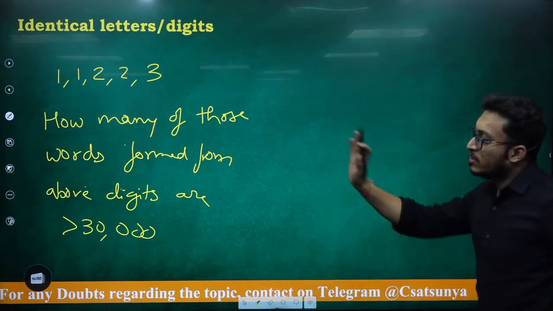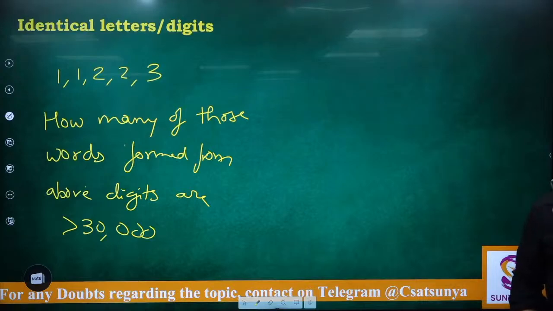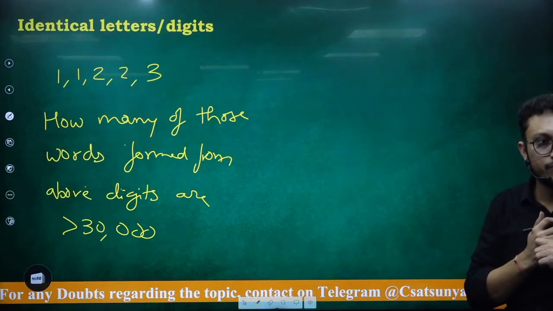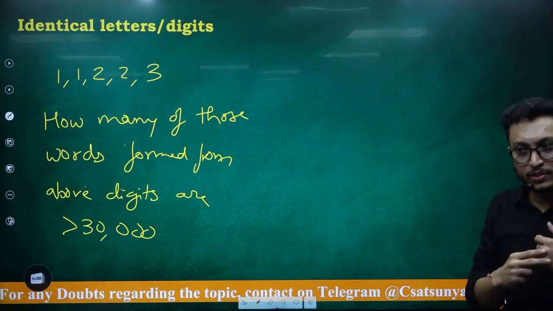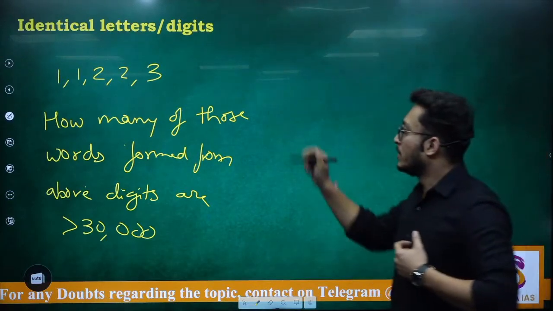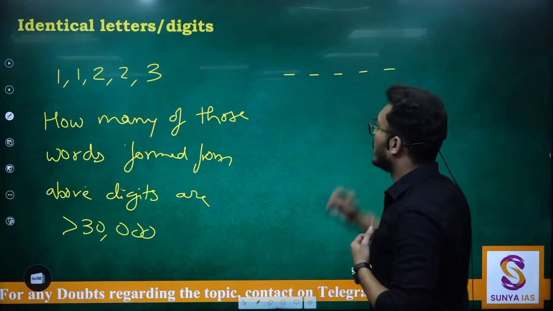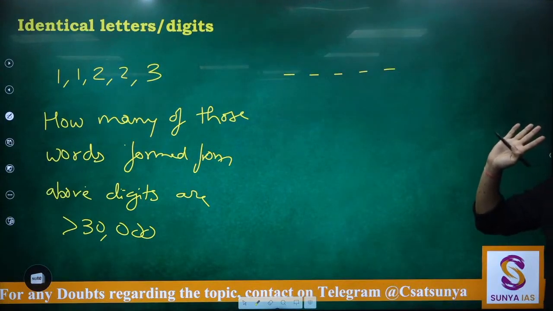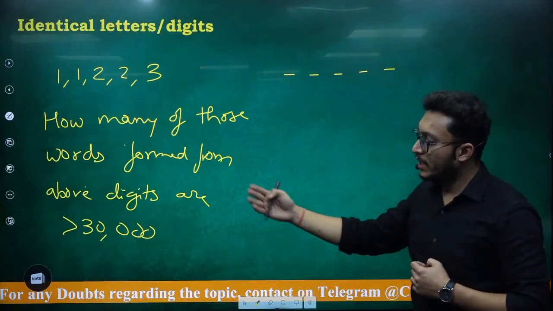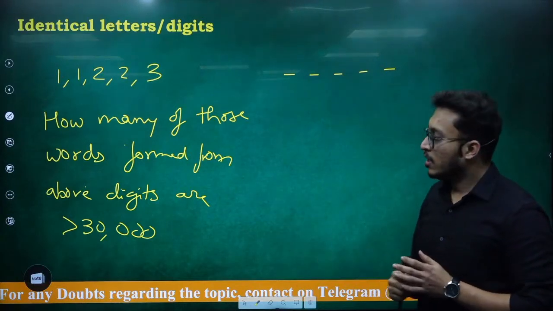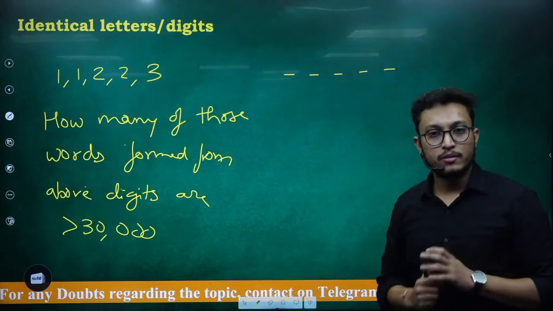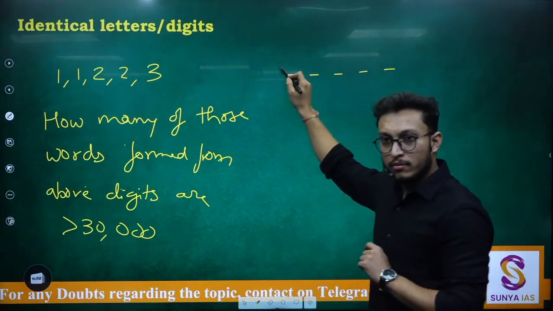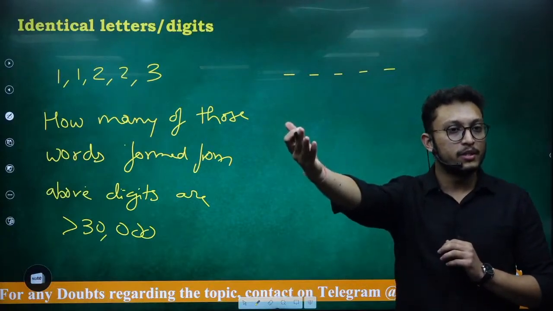So how many of these words formed are greater than 30,000? So we have attached a condition here. Now for the number, see, we need to form a 5-digit number here. 5 digits say I need to use these. For these numbers to be greater than 30,000, tell me one condition here. First digit has to be 3. Tabhi to number will be greater than 30,000.